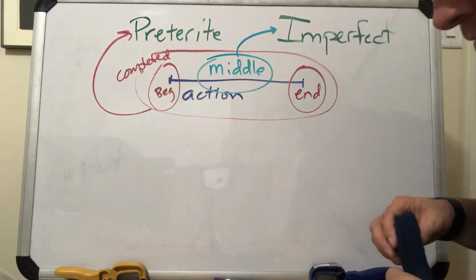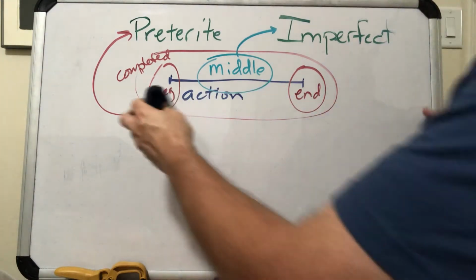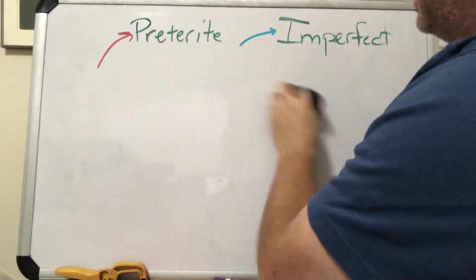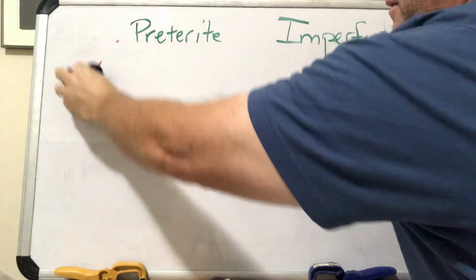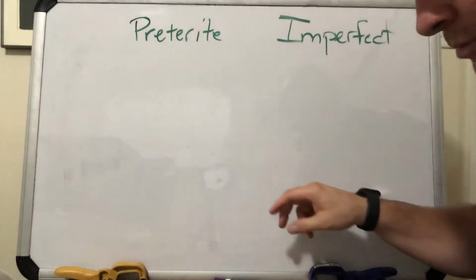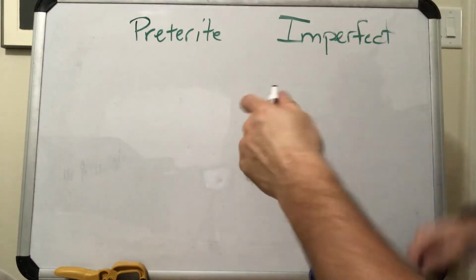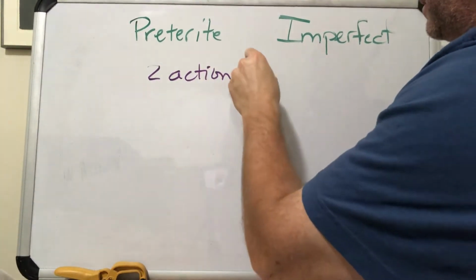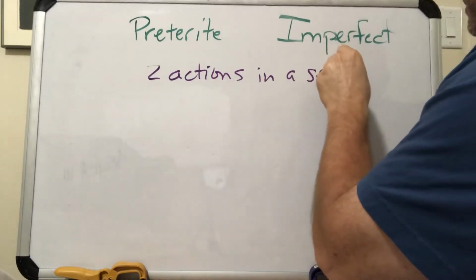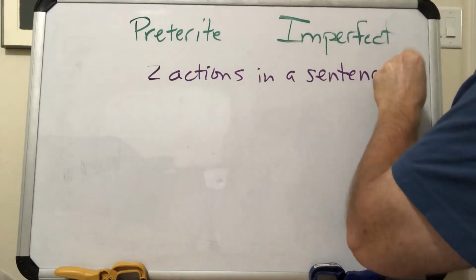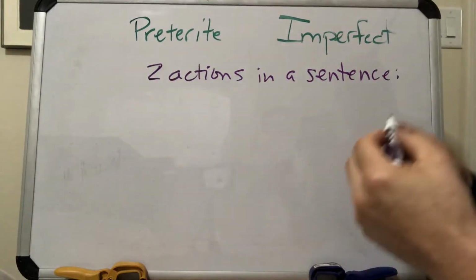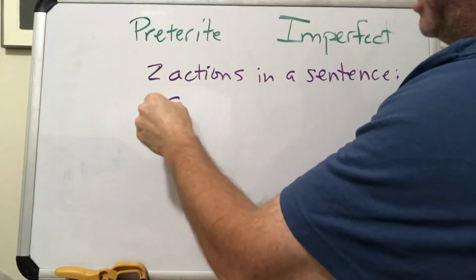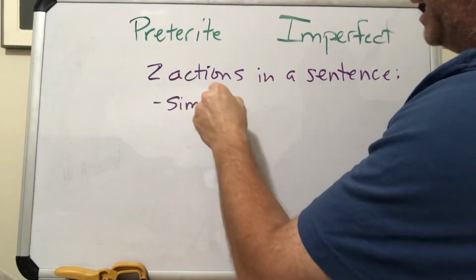Now we need to talk about when we have overlapping actions, when we have two actions in a sentence. You have to determine if they overlap, if one interrupts the other, or if they're happening simultaneously.